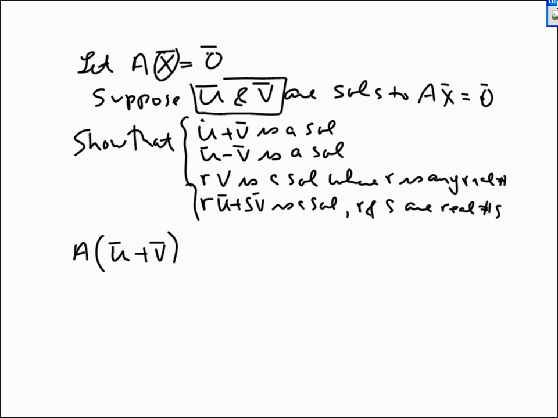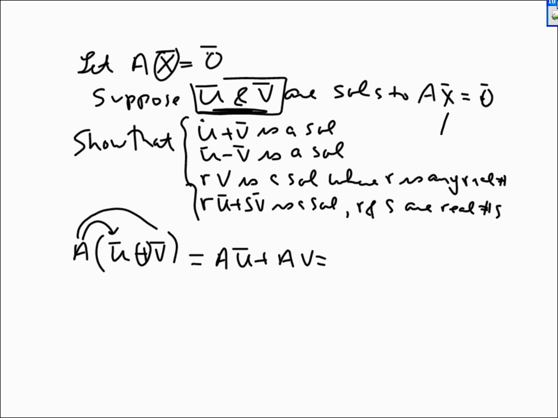All right, so A times u plus v. Now, u and v are matrices. Whether they're 1 by n matrices or n by 1 matrices or 4 by 3 matrices, they're matrices. And so is A a matrix. And we learned that matrix multiplication distributes over addition, so you can distribute like this. And we are told that u and v are solutions.